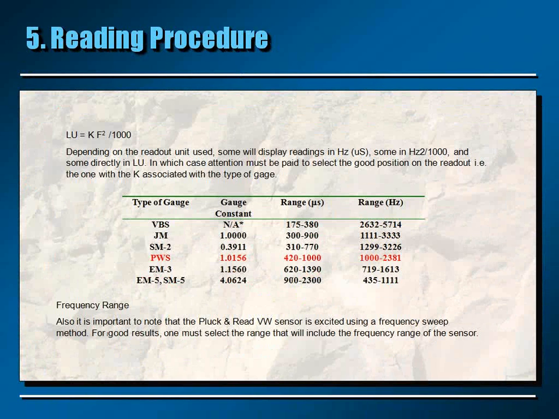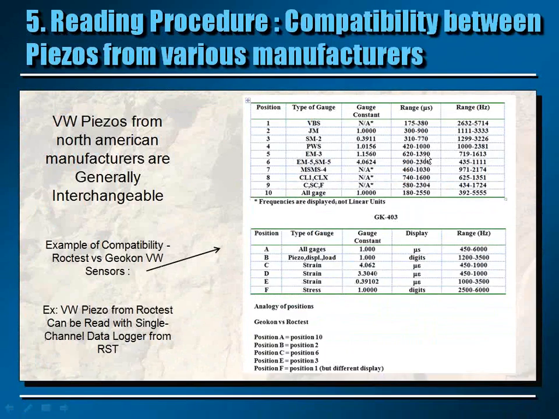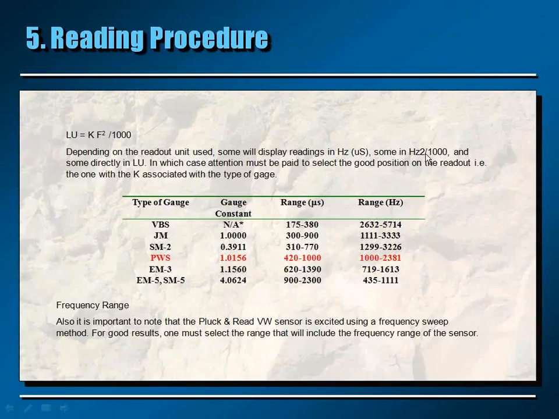So depending on the type of readout unit you are using, you will obtain either directly a frequency or a period in microseconds, or some readouts will give square hertz over 1,000 as a unit.